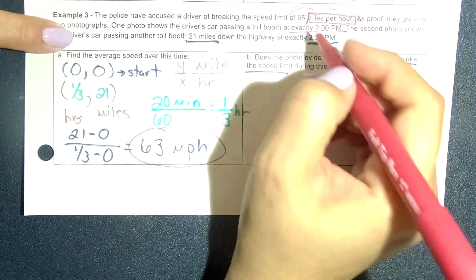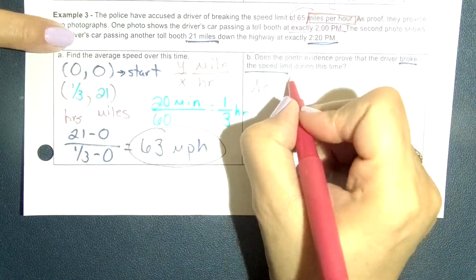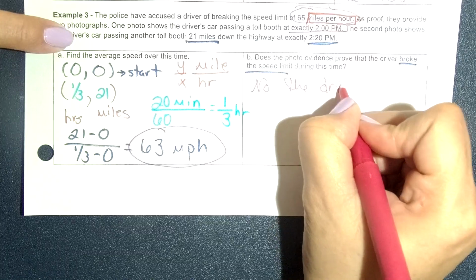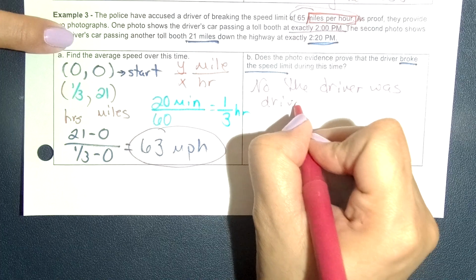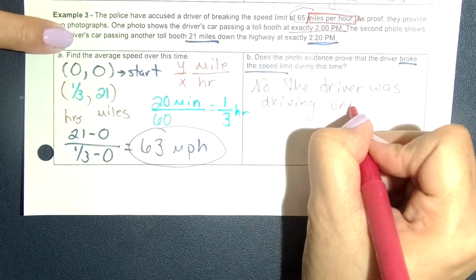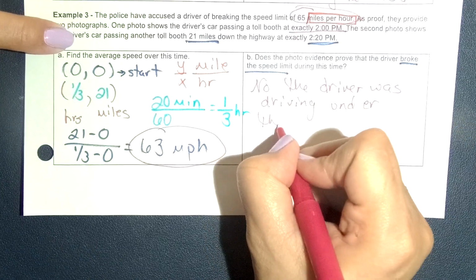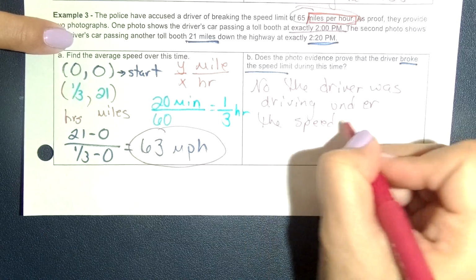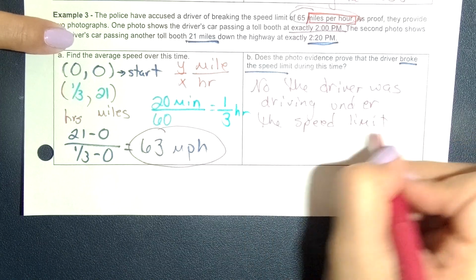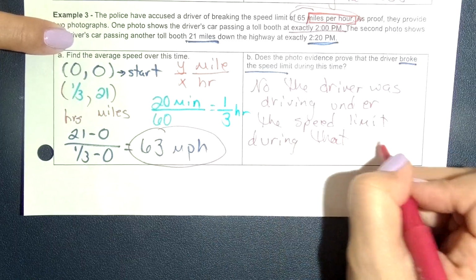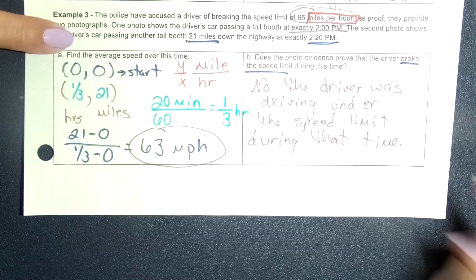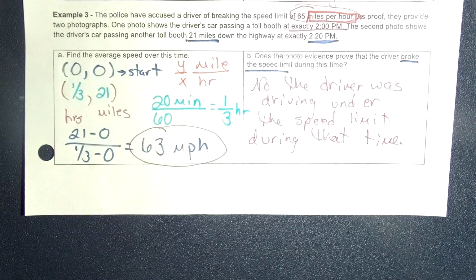So you would say no. The driver was driving under the speed limit during that time. Because we don't know what's happening before and we don't know what's happening after, we have to specifically say during that time.